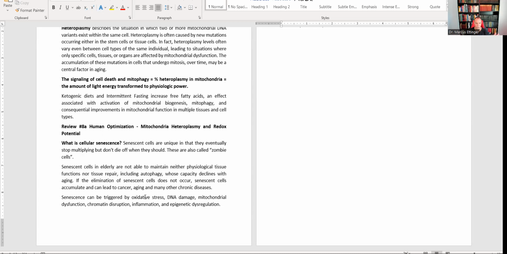You're either reducing something, you're adding an electron, you're benefiting, you're antioxidizing, or you're oxidizing. You're stripping an electron, you're breaking down, you're rusting, you're decaying. So it's triggered by oxidative stress, DNA damage, mitochondrial dysfunction. We don't have to worry about this one, chromatin disruption, inflammation, and epigenetic dysregulation.